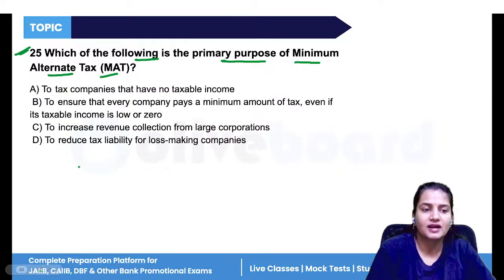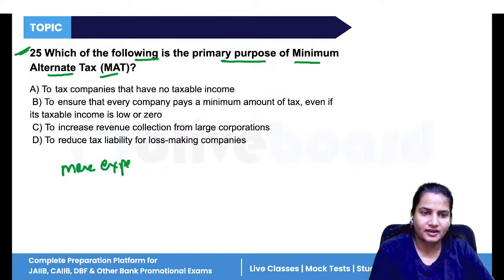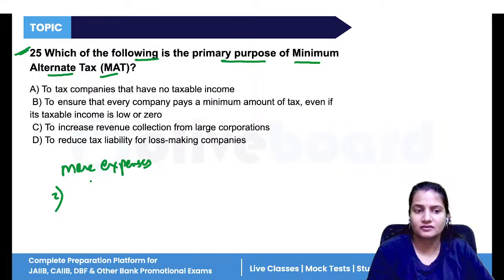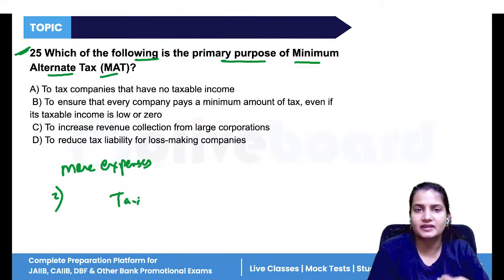See what happens. There are many companies who, in order to show less tax liability, show less profit to the government. They show more expenses. Then the income is distributed to different subsidiary companies to show less tax liability in the parent company, and if there is less tax liability, less tax is paid to the government.